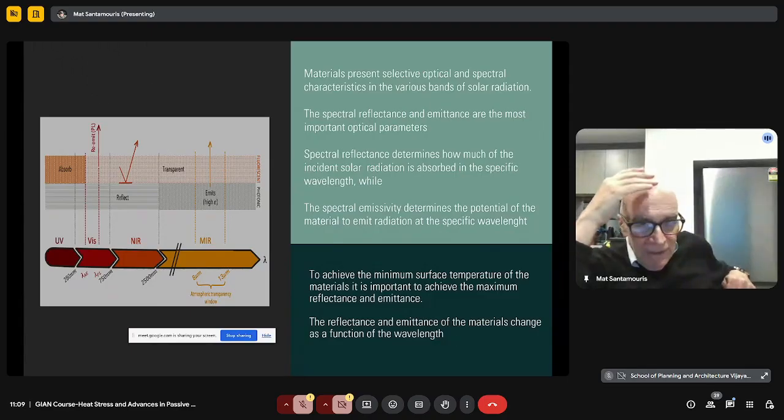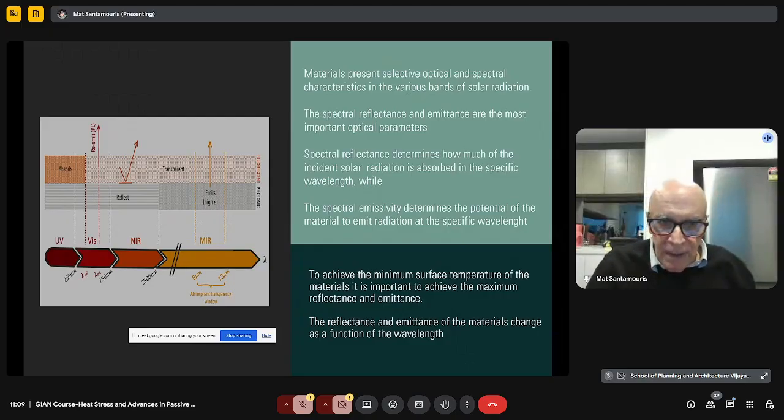So this is very important. This is the so-called Kirchhoff law that has to be understood in order to design the proper materials for the urban environment.